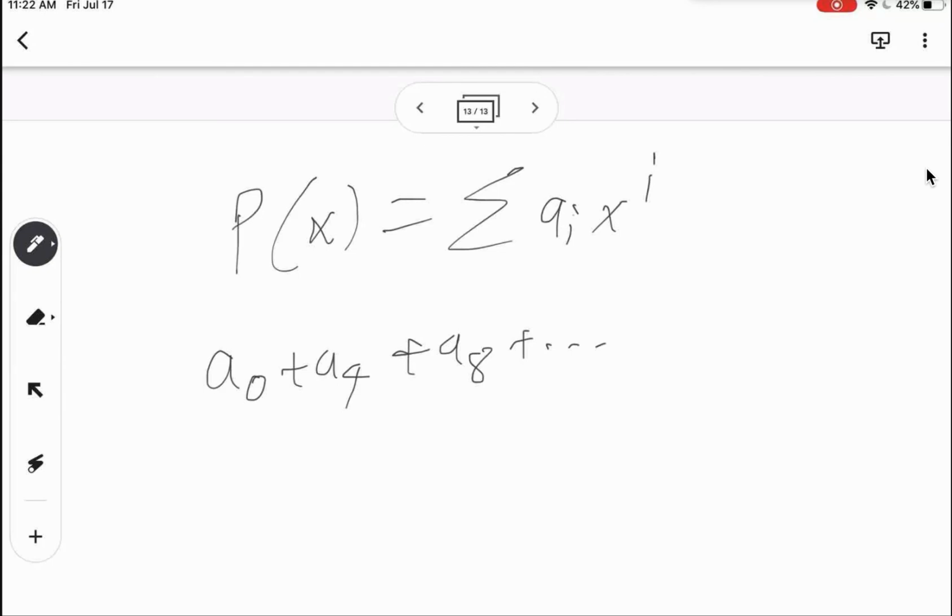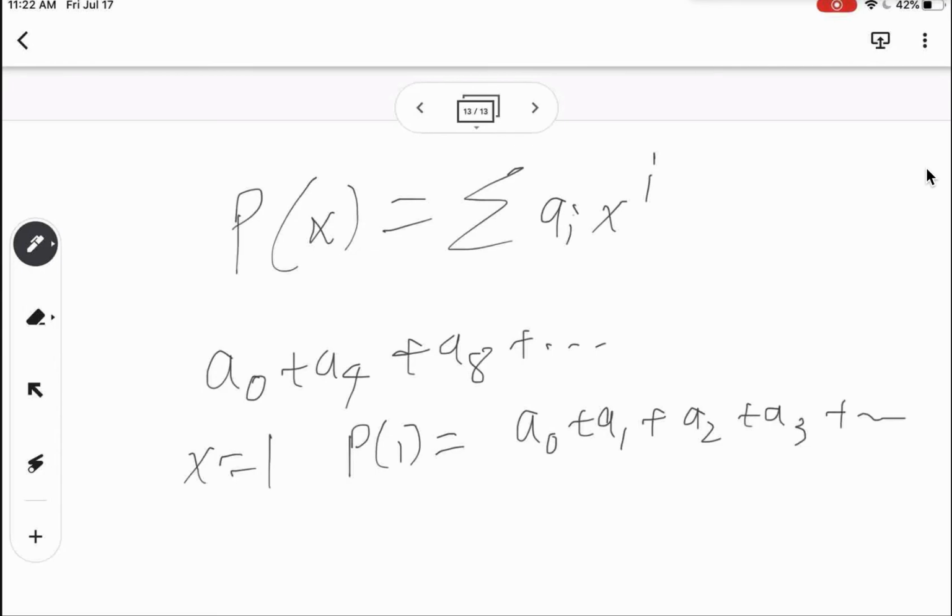And the way we do this is, of course, we have our x equals 1, P of 1 equals a0 plus a1 plus a2 plus a3 and so on, right? And we have our x equals -1, and P of -1 equals a0 minus a1 plus a2 minus a3 and so on. But we want something else that lets us also separate out the terms that are multiples of 4.